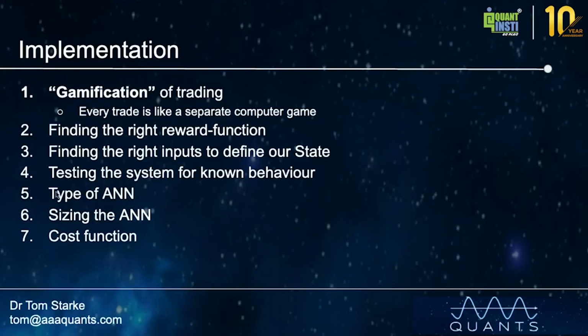Then we also need to choose the type of neural network that we would use, the size of our neural network, and finally the cost function of our neural network, which is in some sense dependent on which reward function we choose.